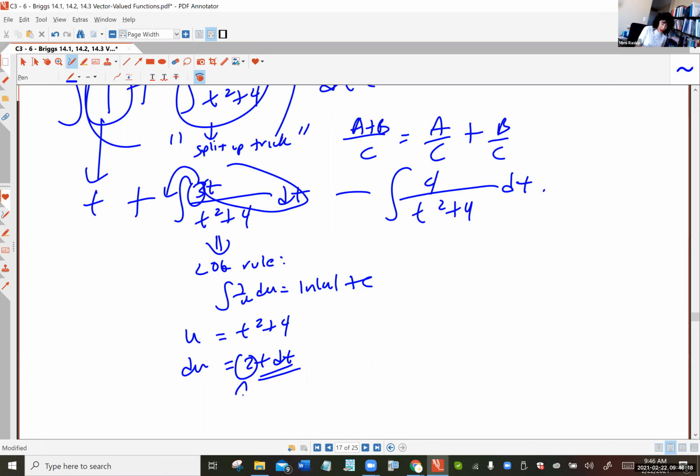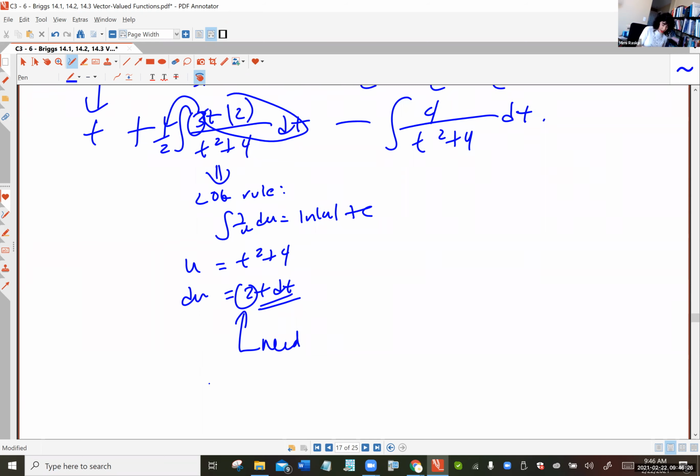That's good news. What am I missing? Well, I need a 2. Put 1 in, and provided you multiply the front of the integral by its reciprocal. So right now, once you pull out the 3 also, you have this, and then using your log rule, you're going to get this, right? And we'll put a constant, but it's going to be C3, but we'll kind of save it for later.